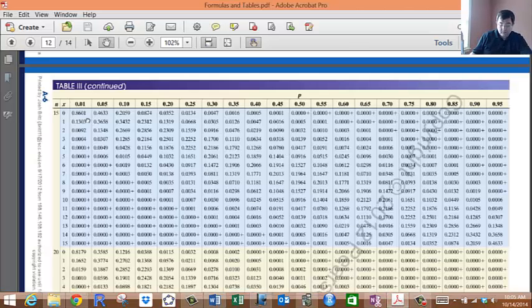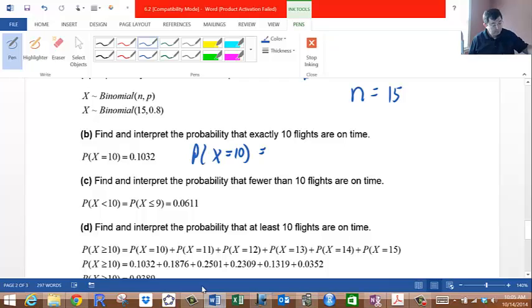All right, so let's go n equals 15, p equals 0.8. And so we're going to go from 0. So this is 0 plus 1 plus 2 plus 3 plus 4 plus 5 plus 6 plus 7 plus 8 plus 9. Okay, so we're going to add all these probabilities up here from 9 to 0. And we do that, we add all those up. Then you get this sum here. I just went ahead and added everything up. That's the sum of all those probabilities. Okay?